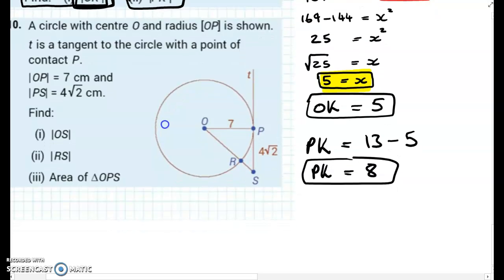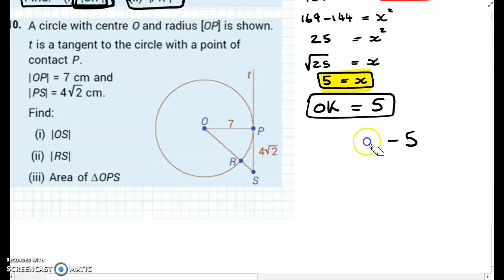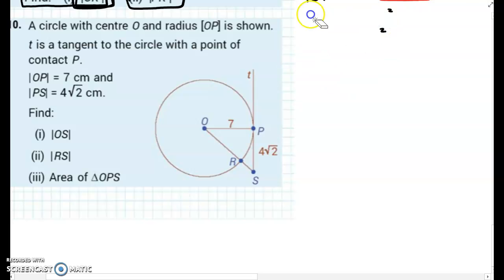Now in the second question, I'm just going to rub this bit out so that we don't mix up which one we're doing. There's a lot of similarities with the one you just did. It says a circle with center O and radius OP is shown.